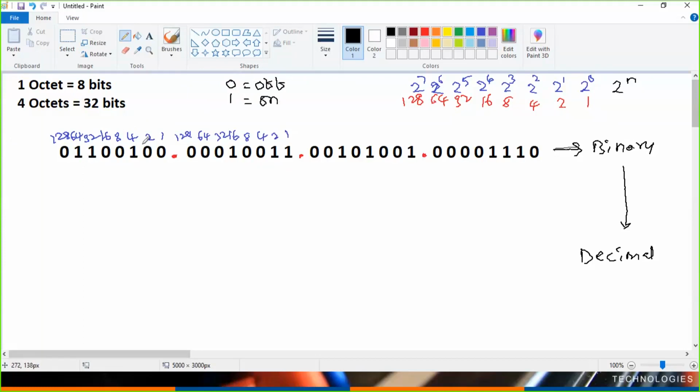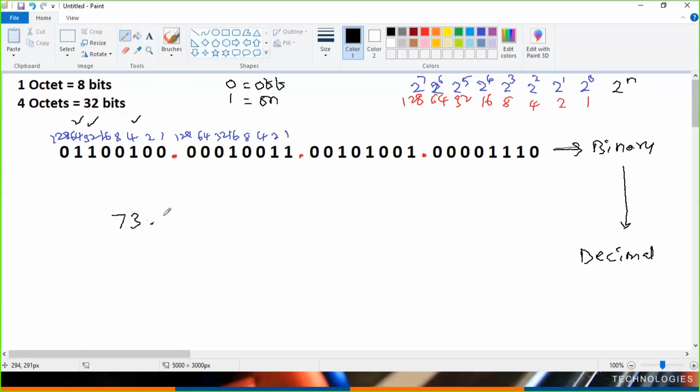Which bits are off bits? Leave the off bits. Let's see about on. Which bits are on? 64 is on, 32 and 4. So if you total it, 64 plus 32 plus 4, how much? 64 plus 4, 68 plus 2, 70, 73. So what is the total value of the first octet? The 73.